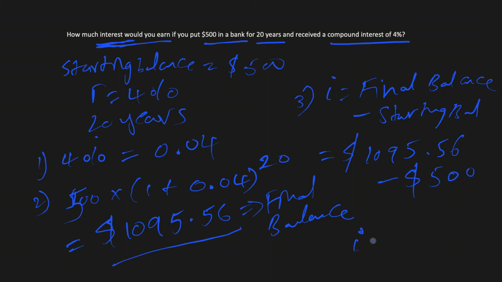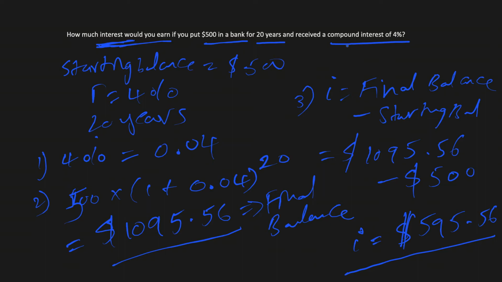So our interest earned is nothing but $595.56. So this is the interest earned if we put a starting balance of $500 in a bank for 20 years with a compound interest of 4%. I hope this was useful.